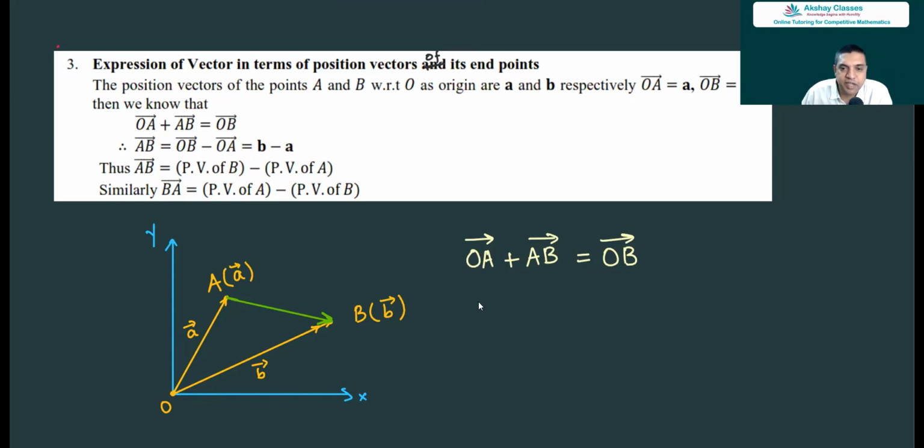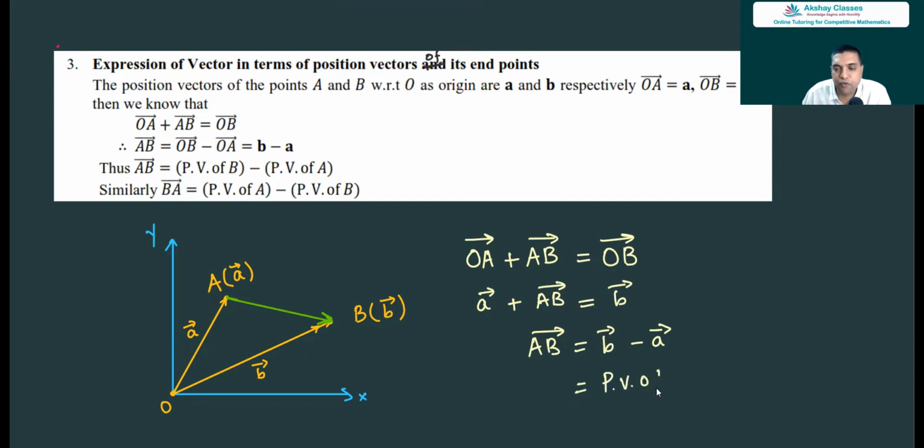So A bar plus AB bar equals B bar. So AB bar is B bar minus A bar. So it's the position vector of the terminal point minus the position vector of the initial point.